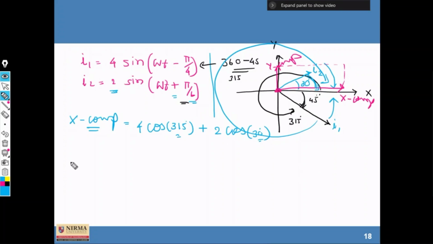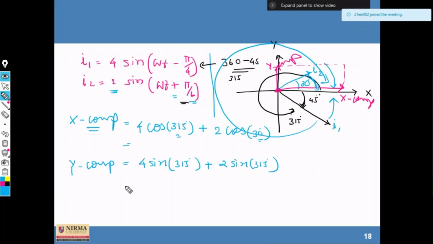Similarly, we can write the y component also. The y component is 4 sin 315 degrees plus 2 sin 30 degrees. After finding this value of the x component, because it is a current, it is represented in amperes.